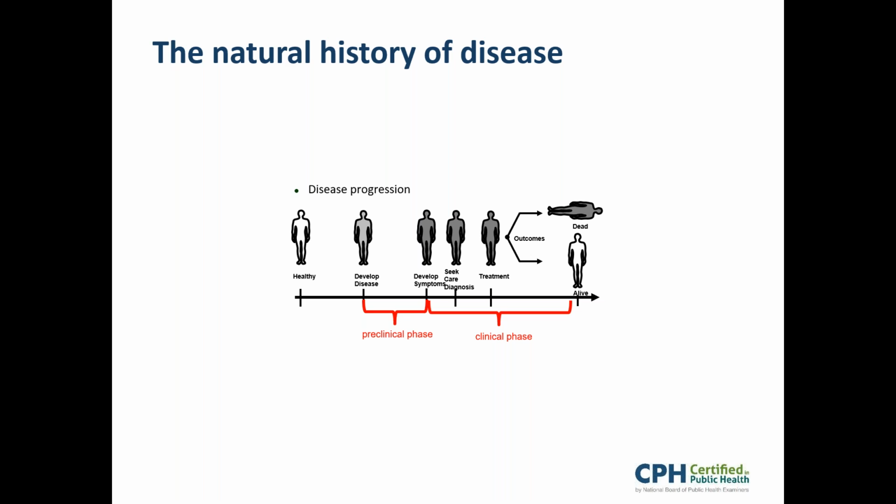The natural history of disease is quite variable, with some diseases developing slowly, like diabetes or some cancers, while others develop really quickly, like some infectious diseases. So whether or not a screening test is conducted, and when, is highly dependent on the natural history of the disease. Next slide.